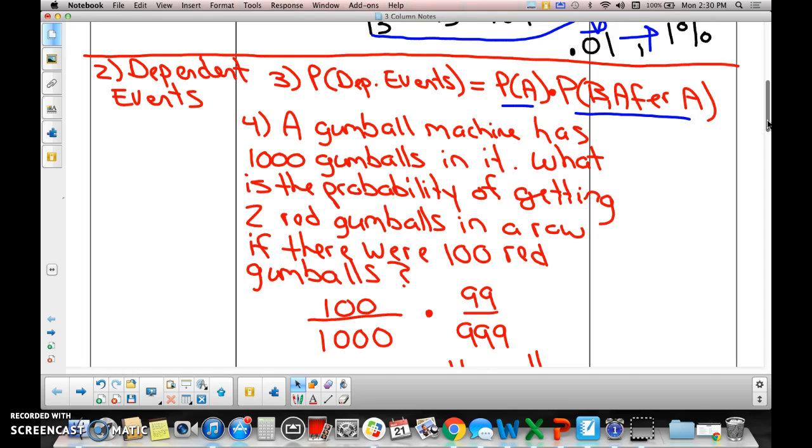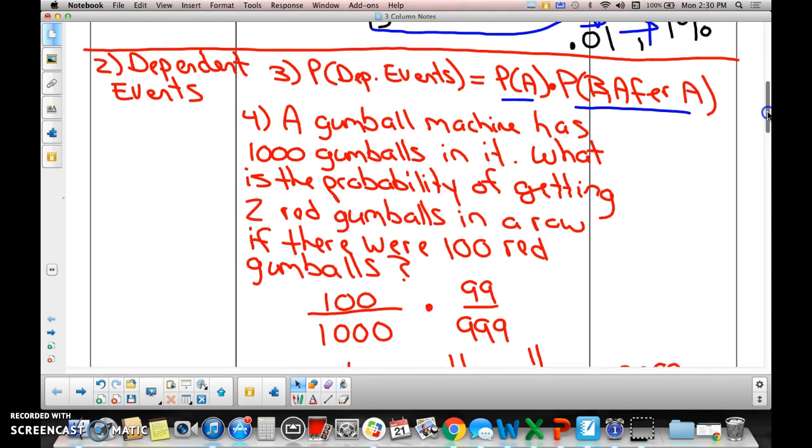What is the question you should ask, Ben? You should ask yourself, is this a dependent event or is it an independent event? Or an independent set of events or a dependent set of events? Do they impact each other or do they not impact each other?